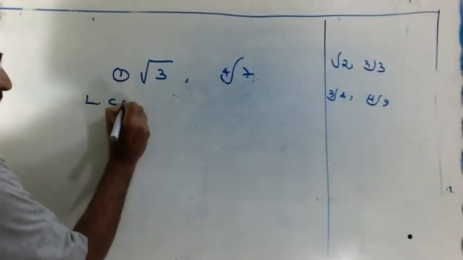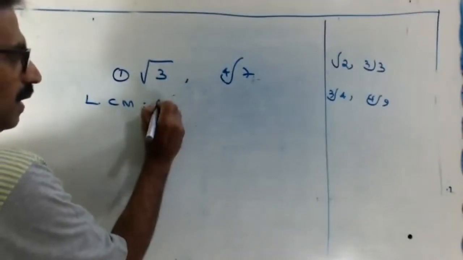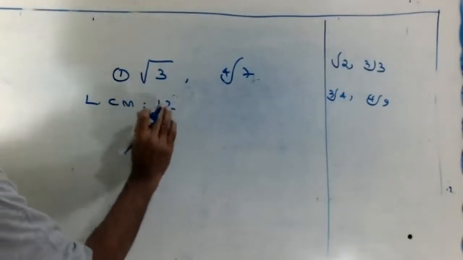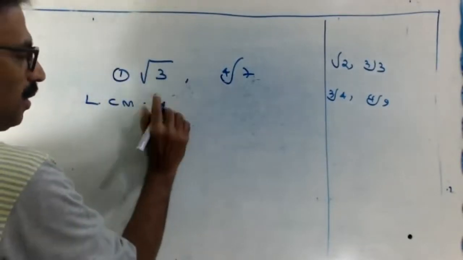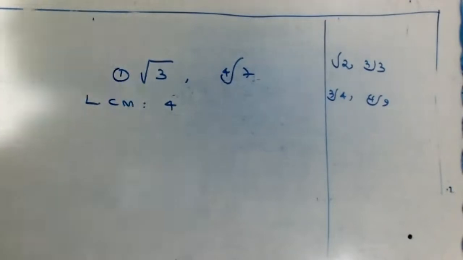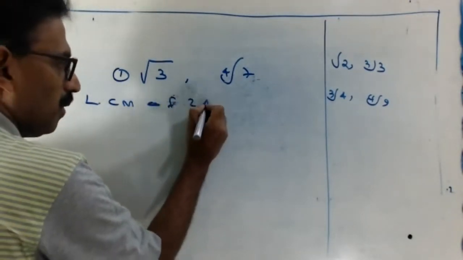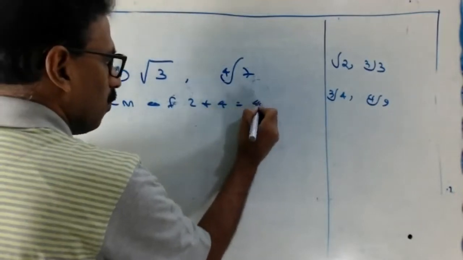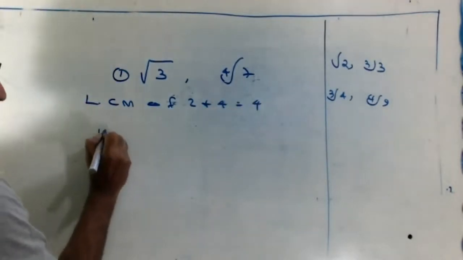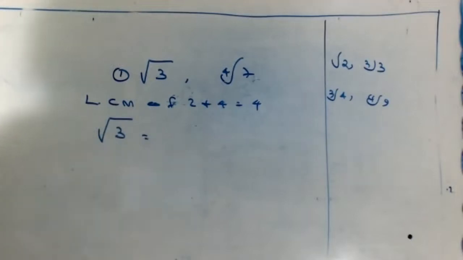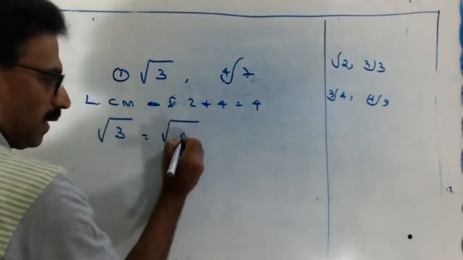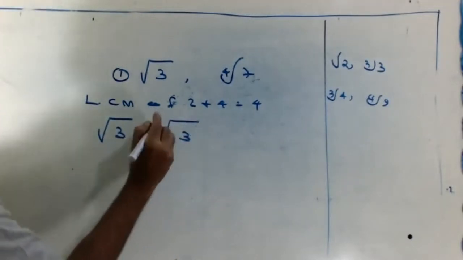LCM. The steps you write like this. LCM of 2 and 4 equals 4. Then root of 3 equals, here you write same 3, but here you write 4.